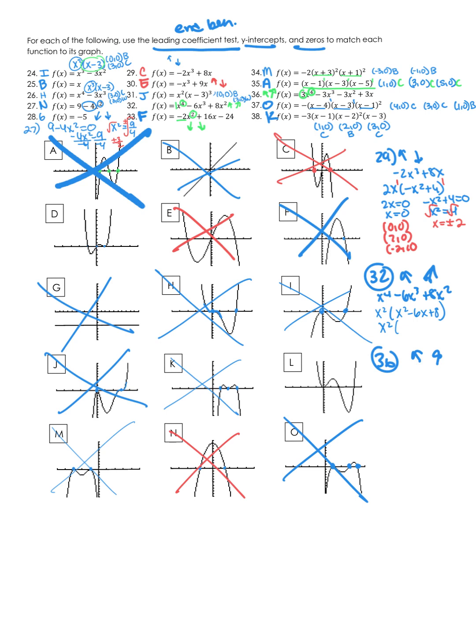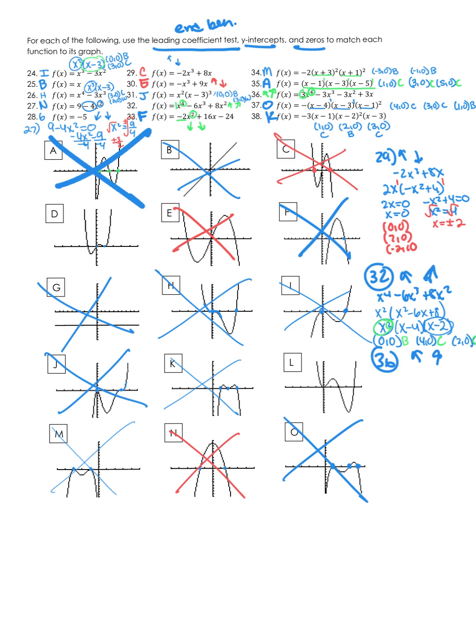That'll be negative 4 and negative 2. So our zeros here will be (0, 0) from this guy. That will be a bounce because of the squared. We'll get (4, 0) from this guy, which will be a cross, and (2, 0) from this guy, which will be a cross.